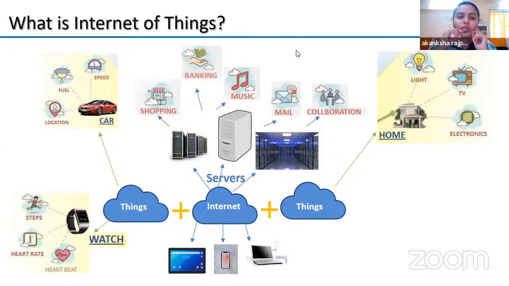Okay, so why do we have to use these kinds of things? Because if I'm talking about GUI, that is your graphical user interface, all these basically play a graphical user interface role. In that case, you can get your data. You can save your data. That's why we have to use any kind of servers.